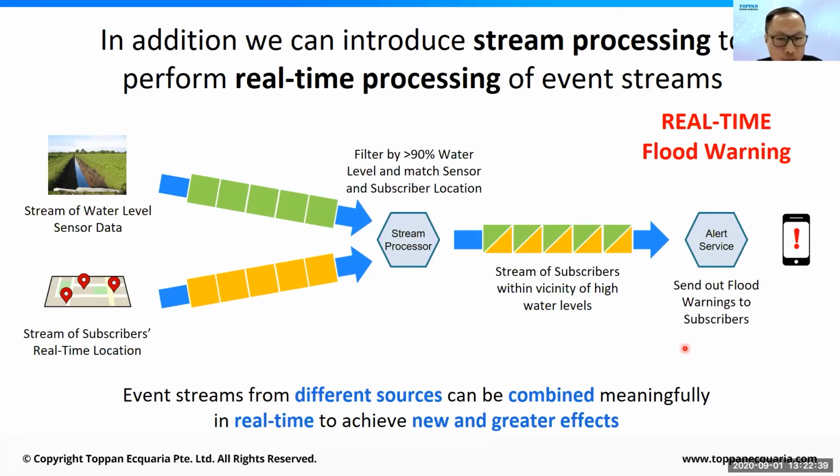And you have interested subscribers that want to know when there's a potential of flood. They subscribe to your service. So maybe they open up the app and they start streaming their real-time location into your event stream.